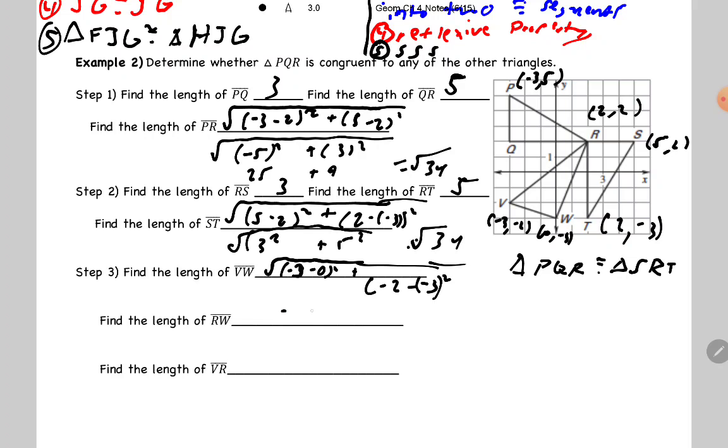So I'll get -3 squared plus -5 squared. Did I do that right? VW.